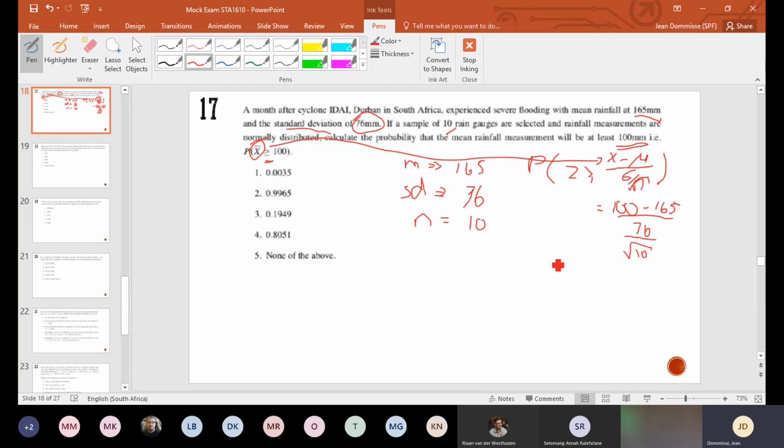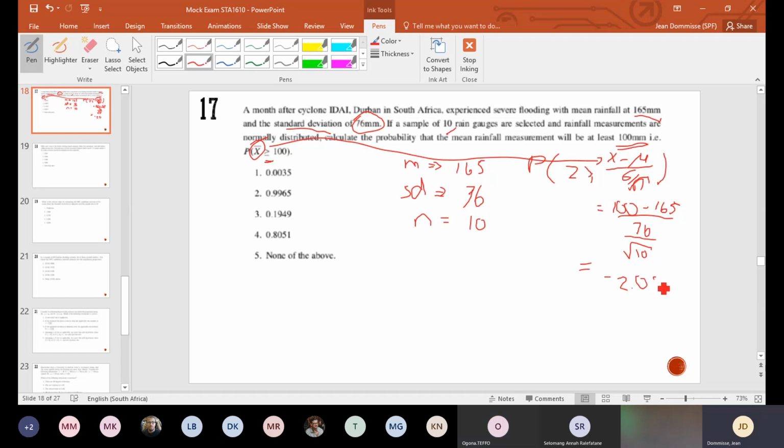I hate this because that tells me it is not going to be a nice number to work with, so we will probably need to round off. So it's negative 2.05.